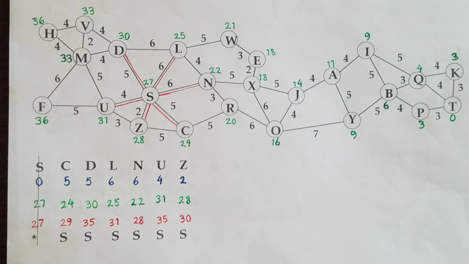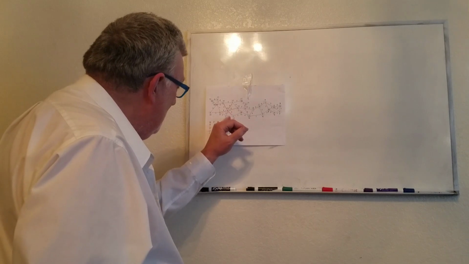And the last row in the array is the back pointer. So for each of the 6 new nodes in there, the back pointer is S, the start node.